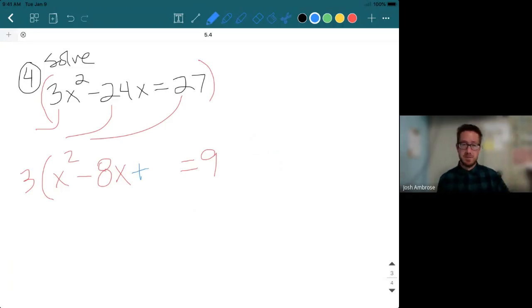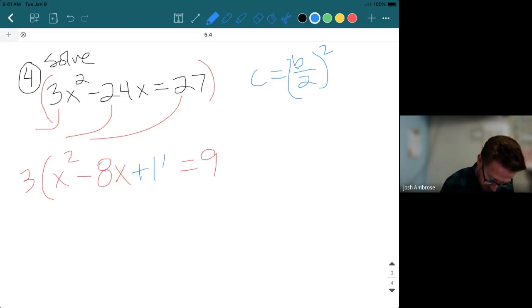So go through the same steps. Remember, c equals b over 2, that whole quantity squared. So b is 8. 8 divided by 2 is 4. 4 squared is 16. So that's my brand new c value.